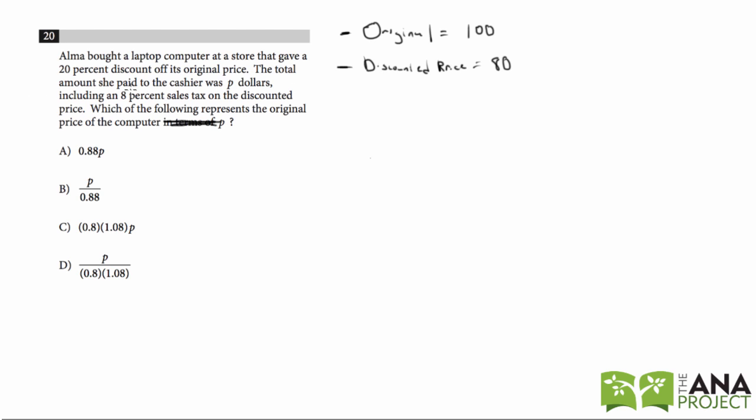The total amount she paid to the cashier was P dollars, including an 8% sales tax on the discounted price. So P, that's the discounted price, which is 80. Sorry, I don't know how to spell price. Discounted price plus the 8% tax.